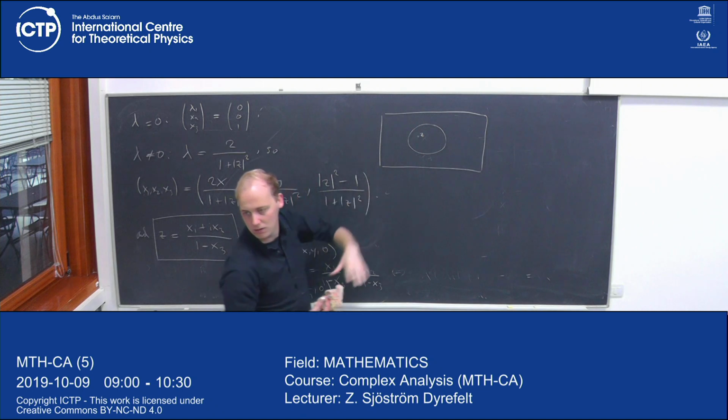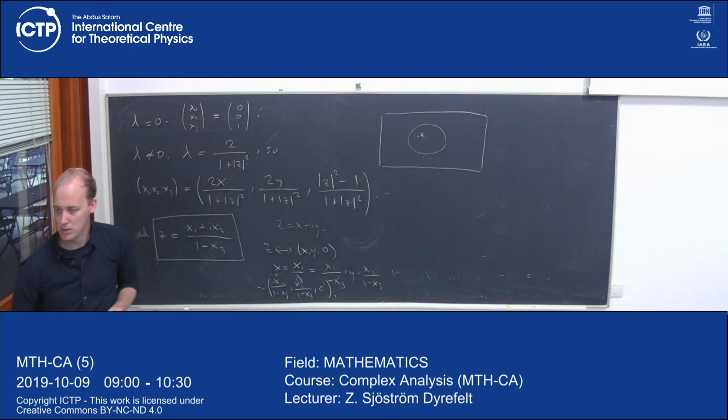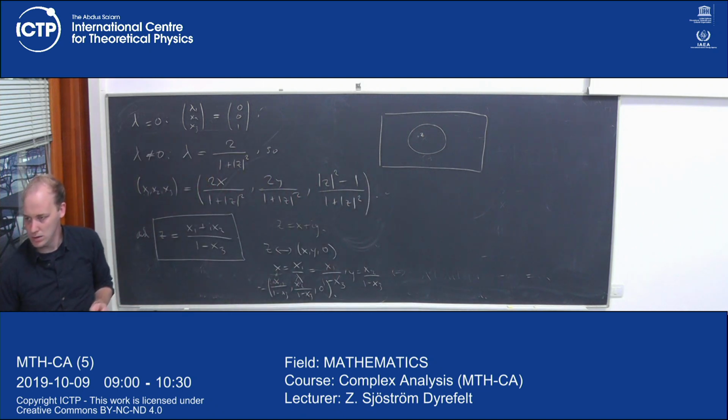Because the x1 and x2 is the same for the... Ah, okay. So you mean that for every point there is... The same. So you have x1, x2, x3, and x1, x2, minus x3. Is this x1 and x2 of the sphere the same for z? Yeah. So I think that z is only equal to x1 plus i x2. Yes, in the inside.